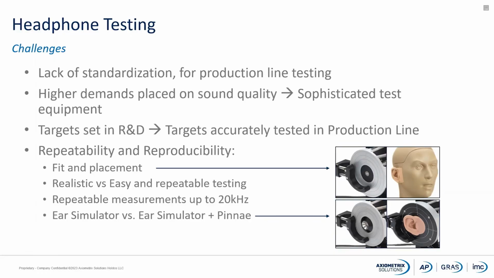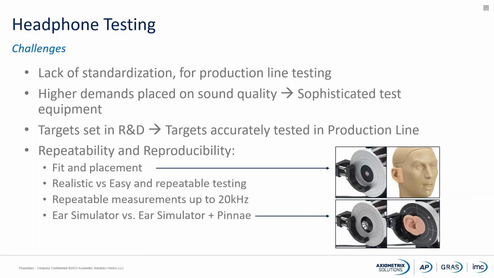In many cases, we will in R&D set some targets for our test, but we will probably not make the test in our production line in exactly the same way as we did in R&D. It will, in some cases, maybe be too expensive.